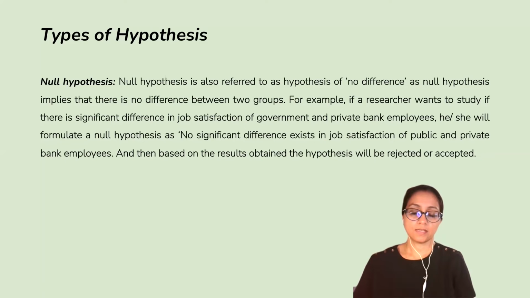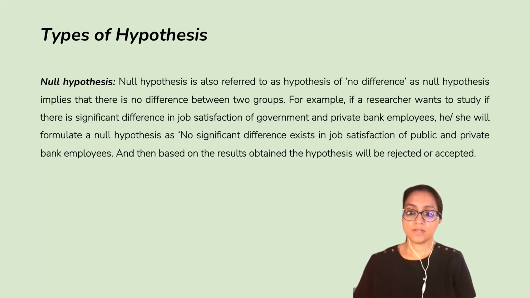So let us discuss the types of hypothesis. The first hypothesis is the null hypothesis. Null hypothesis is also referred to as the hypothesis of no difference, and it implies that there is no difference between the two groups. Suppose there are two groups, then the null hypothesis will state that there is no difference between the two groups.